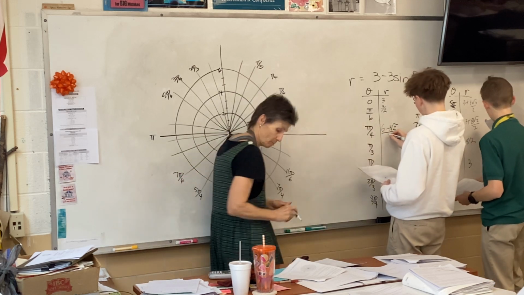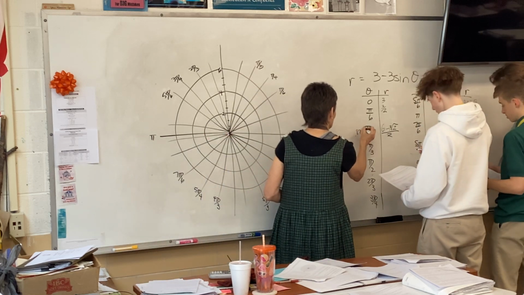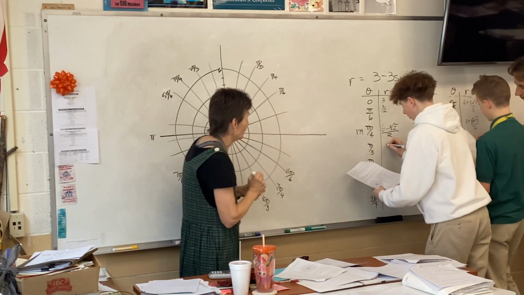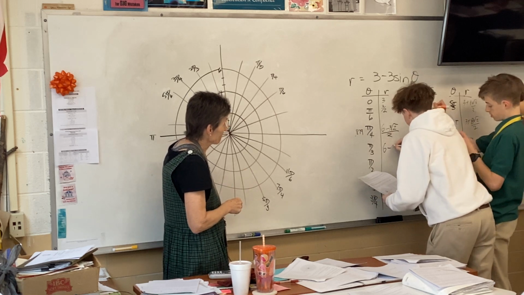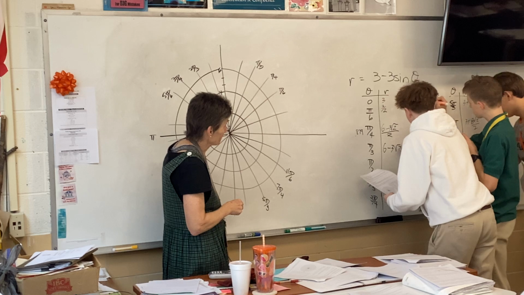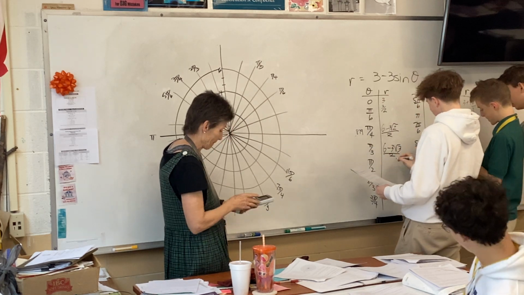Oh, got a minus. Because I have to plot it. That's the same thing. Wait, how did you do that? I forgot. I thought we were gonna have to plot it like that.